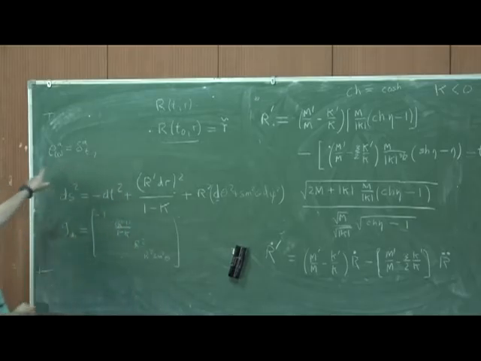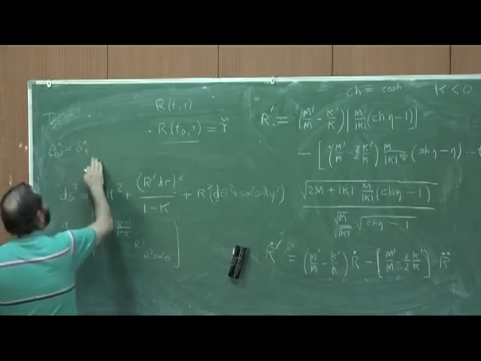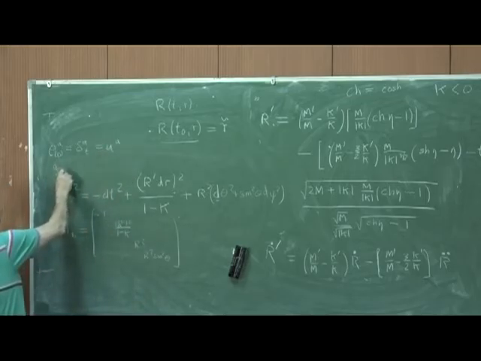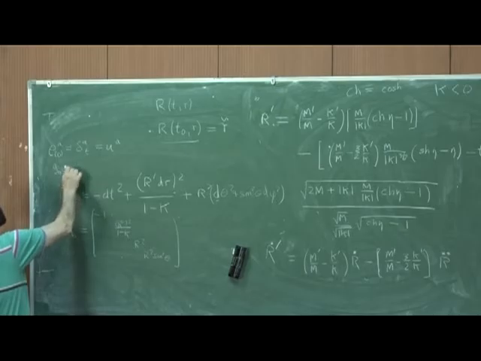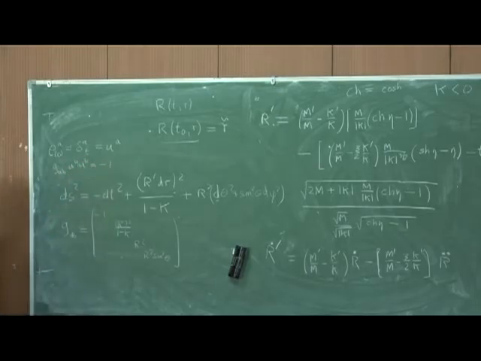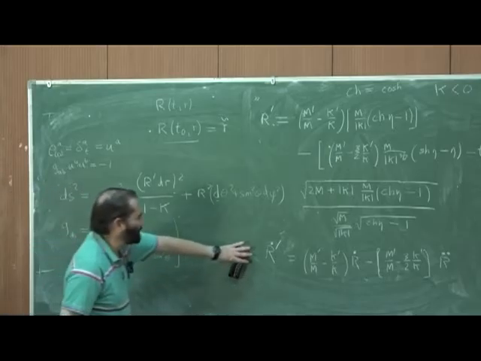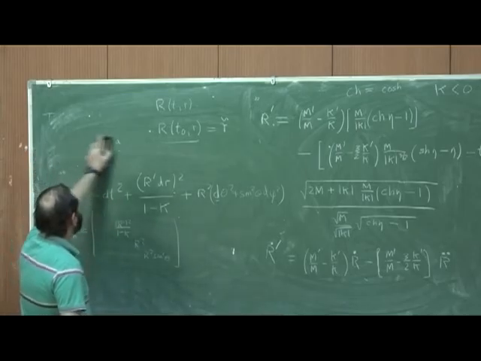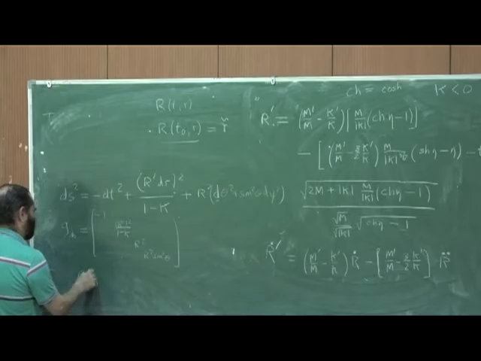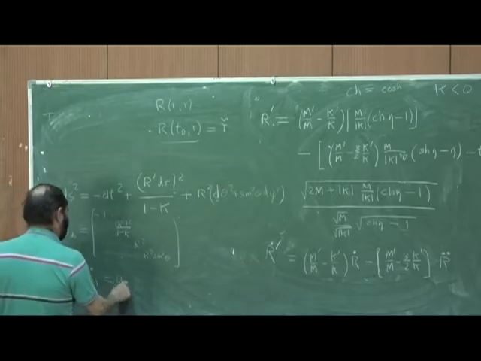I know this vector is a unit vector, right? It's the 4 velocity, right? And we know that this thing is true. Right? We know this is true. Okay? So we already have the first vector going to be the 4 velocity.